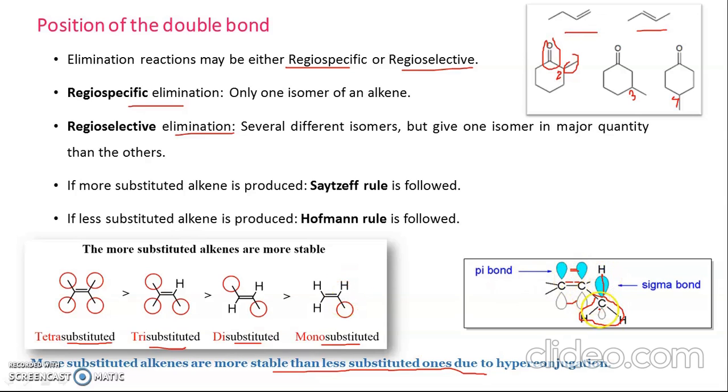So more is the number of this type of methyl group, not just methyl group or any other alkyl group, more will be the hyperconjugation. So higher is the amount of this interaction, that is the hyperconjugation, higher is the stability of that alkene. So that is the reason that more substituted alkenes are more stable. Okay, so you can say that Saytzeff alkene, that is a more substituted alkene, is more stable than Hofmann alkene. Fine.